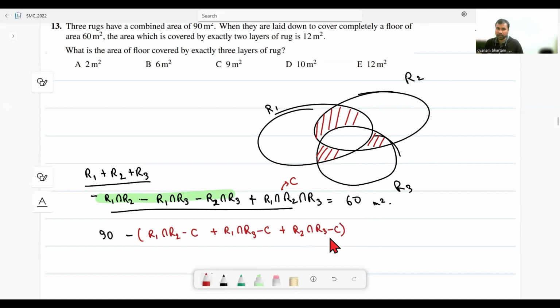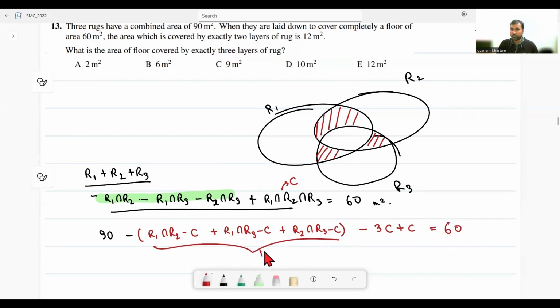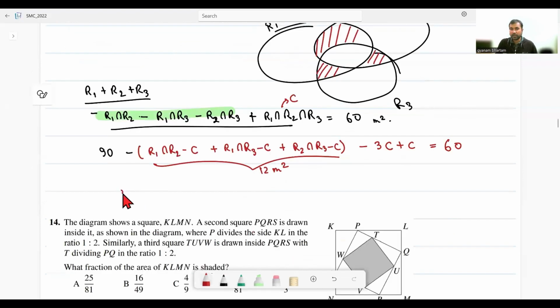How many times do we have to subtract C? If you multiply with minus, we are adding it 3 times. So we have to subtract 3 times, and one time is already added. So this is going to give you 60. And this unit is 12 meters square because this is exactly 2 layers. And we can write 90 minus 12 minus 2C equal to 60.